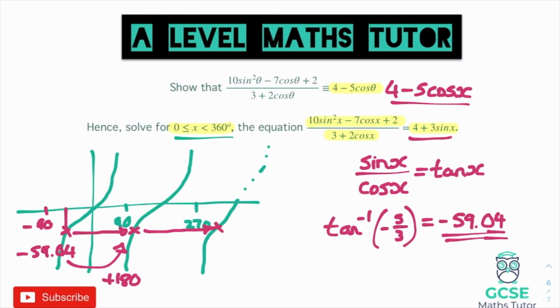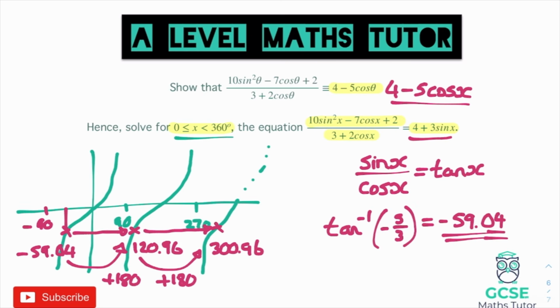to jump to the next one there, all I need to do is add 180. So if we add 180 to that, it comes out as 120.96. And there we go. So jumping on to the next one, I would go another 180, so plus 180 again, and on the calculator, that comes out as 300.96.